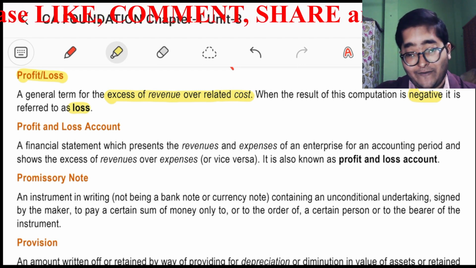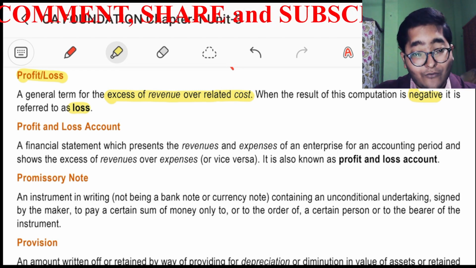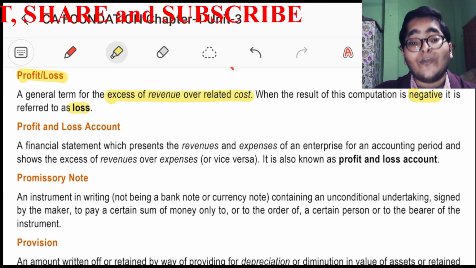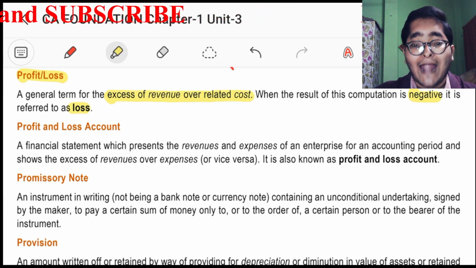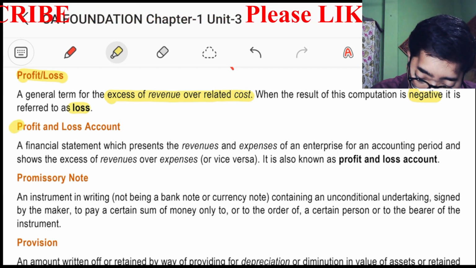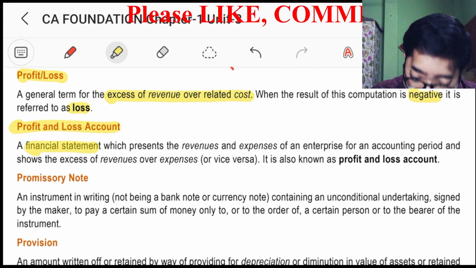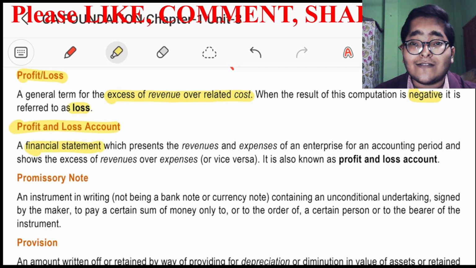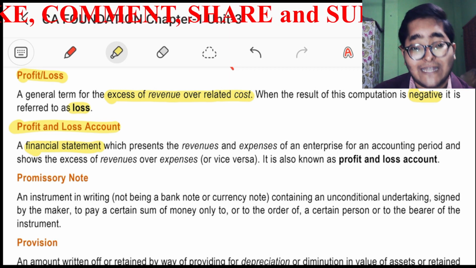Profit and loss account is a financial statement which presents the revenues and expenses. Obviously, in accountancy, we deal with financial statements.